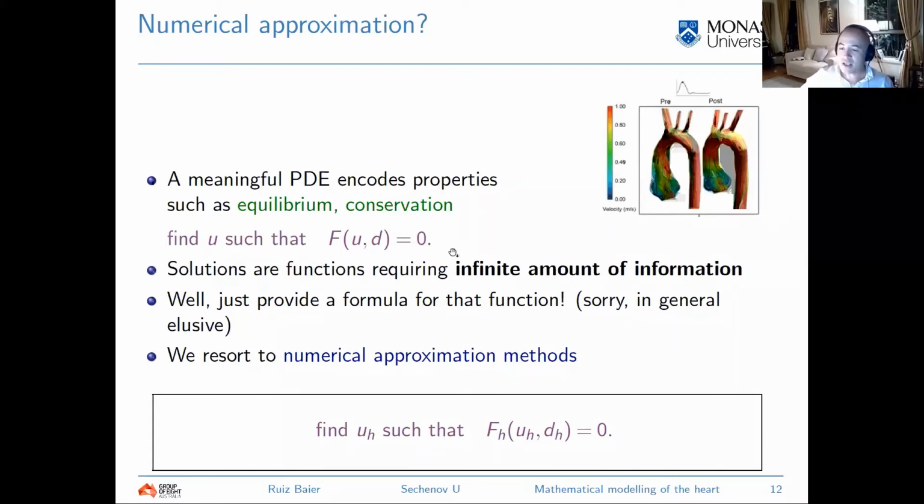And this is done using numerical approximation methods. So we find an approximate solution, something that looks like that u, but is u_h, and that solves a problem that looks similar to this one, but is not f, it is f_h, and the data is not d, it is d_h, and is equal to 0.